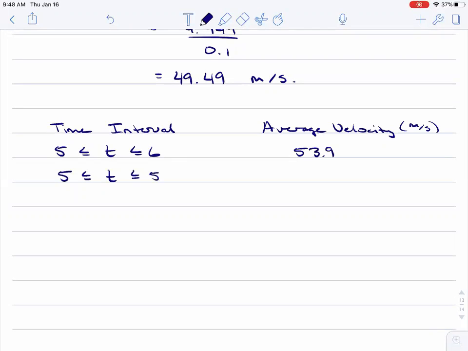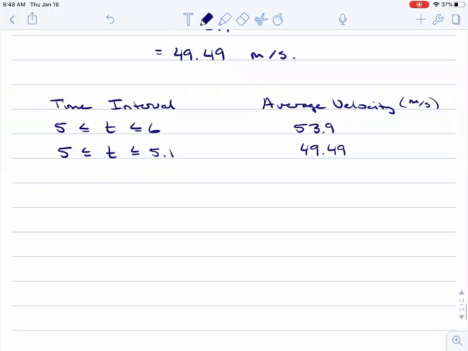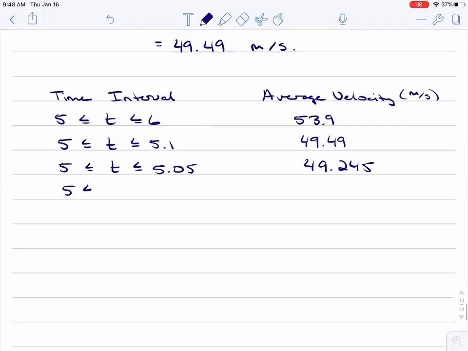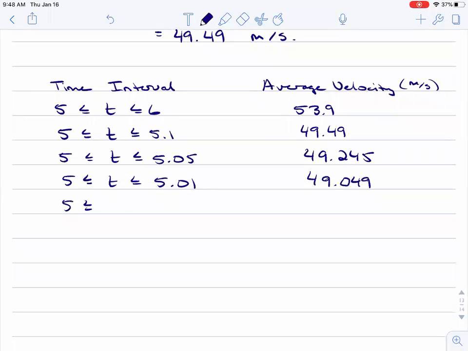So then between 5 and 5.1, which is the one we just did, we get 49.49. Between 5 and 5.05, we get 49.245. Between 5 and 5.01, getting closer and closer to 5, right, we get 49.049. And then we'll kind of tap out at between 5 and 5.001, which puts us at 49.0049.